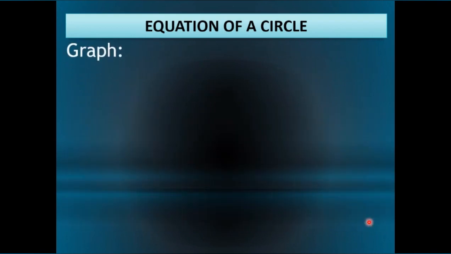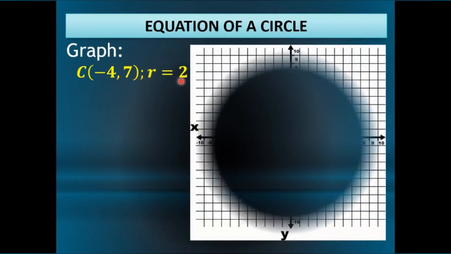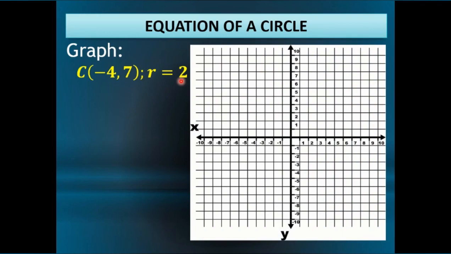How about the graph of this given equation? So again, our center is at -4, 7 and the radius is 2 units. So we have again our Cartesian plane. We have to plot first this point C having coordinates -4 and then 7. So our -4 refers to the x coordinate.